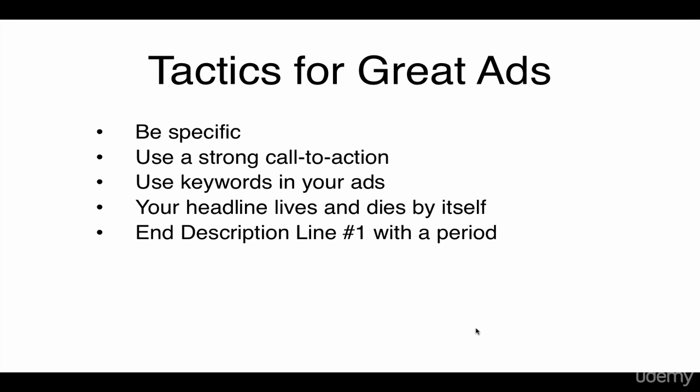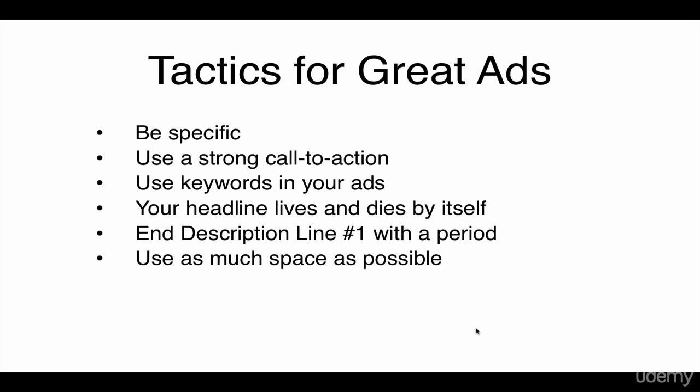And that is huge, because that can more than double the size of your headline, and it communicates a lot more in a more clear way to people who are looking at your ad, and that can be a huge boost to click-through rate. So that also ties into the idea of viewing description line number 1 and number 2 as 2 separate thoughts, 2 separate segments. End number 1 with a period, and good things happen.